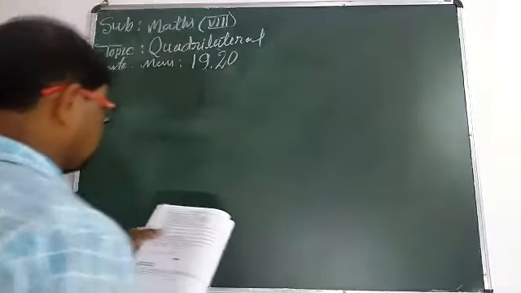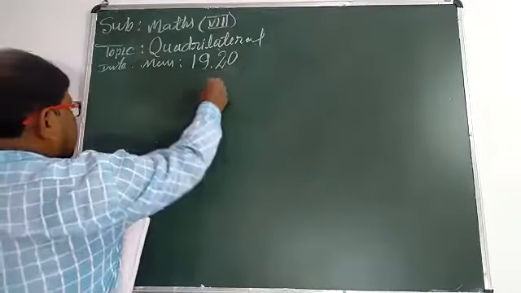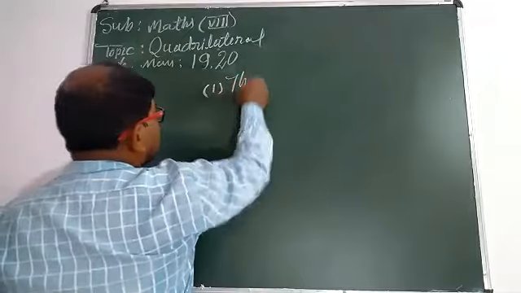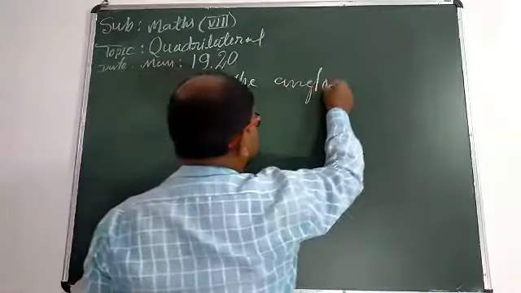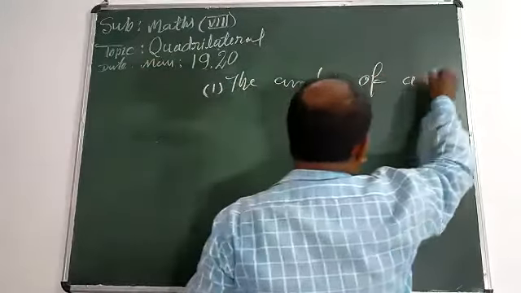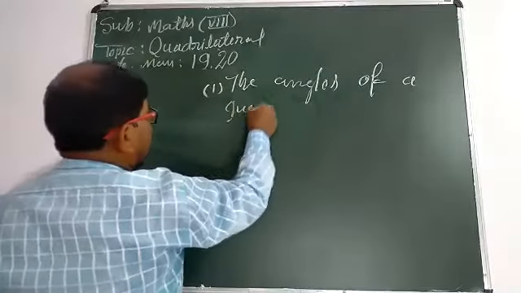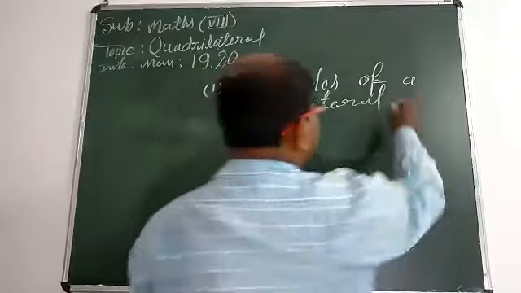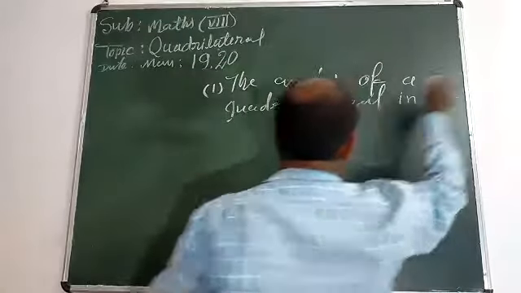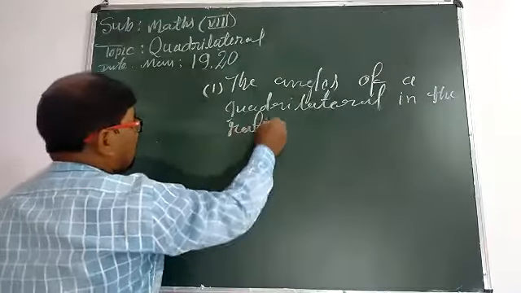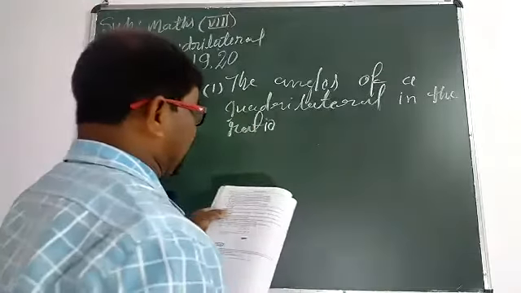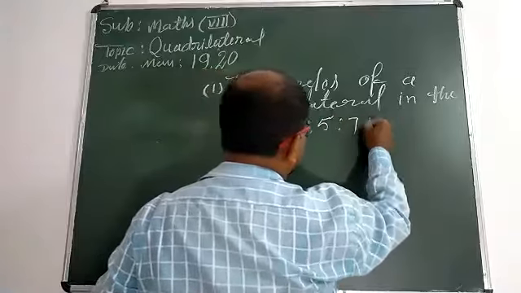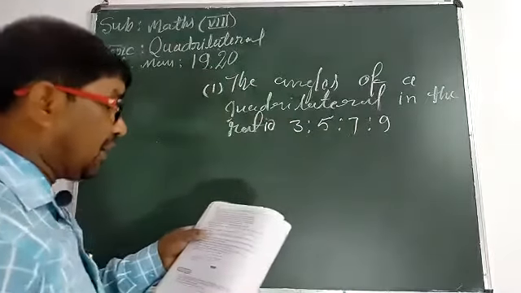Okay, student. One application: the angles of a quadrilateral are in the ratio 3, 5, 7, 9.